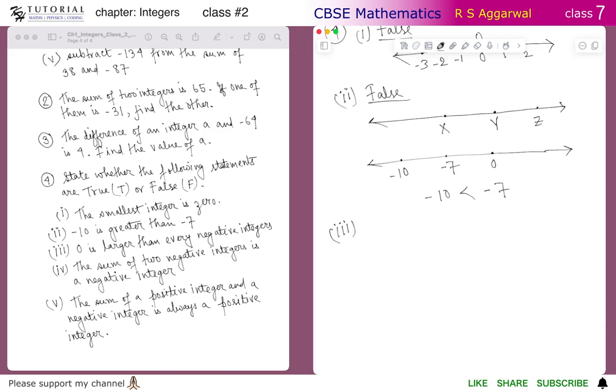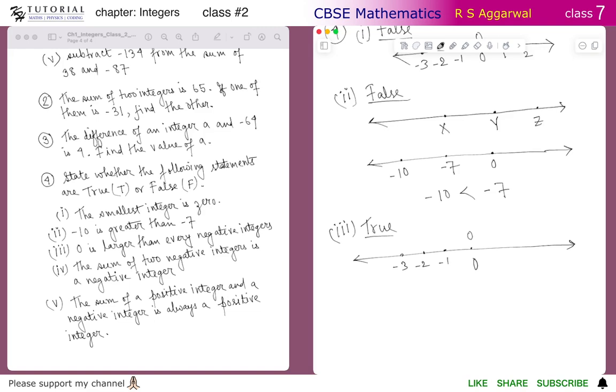Third number, 0 is larger than every negative integer. This is true. Why? Because on the number line 0 is the center, the origin. This is point O, it is 0, and to the left of 0 we have all the negative integers, minus 1, minus 2, minus 3.